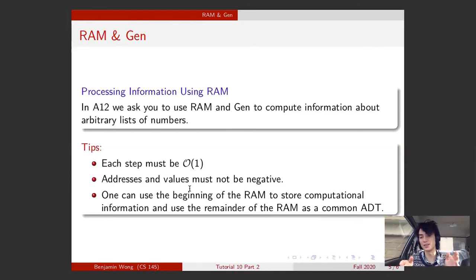And then for addresses 8 onwards, or addresses 4 onwards, use all of that for your actual linked list, your actual array, your actual trie, whatever kind of data structure you want to have, in all of the rest of the RAM. But just keep a little bit of it for yourself, for computation.